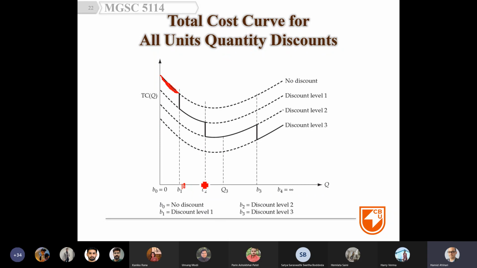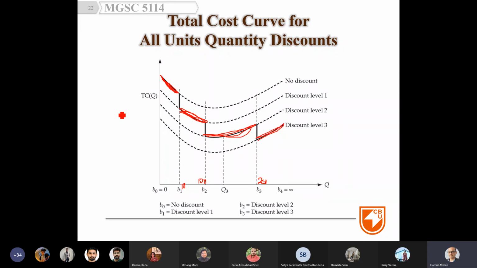Then from 10 to, let's say, 100 units, the price will be this line, okay? This will be the range. Then from 100 to, let's say, 200, this will be the range. So it looks like we will have more discounts here. And then from 200 and above, this will be the line.